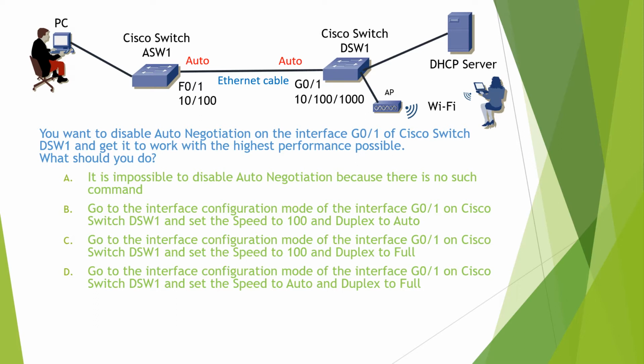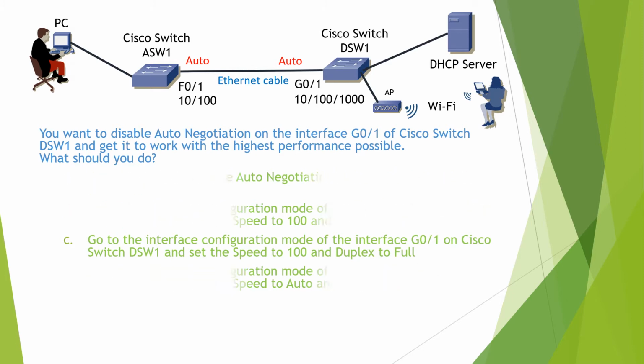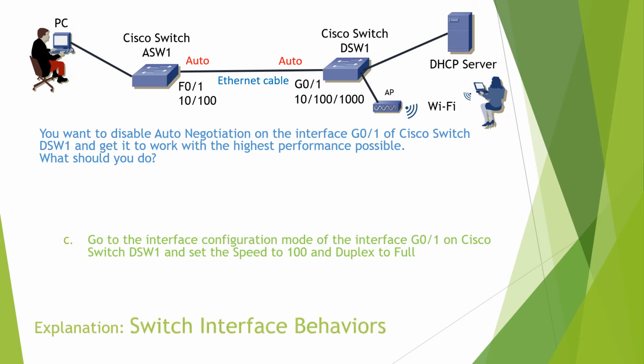In order to get it to work with the highest performance, you have to set the interface with the speed of 100 megabit per second, because this interface connects to the interface F0/1 and the highest speed is 100 megabit per second. And you have to set it to full duplex mode. Therefore, the answer for this question is C.